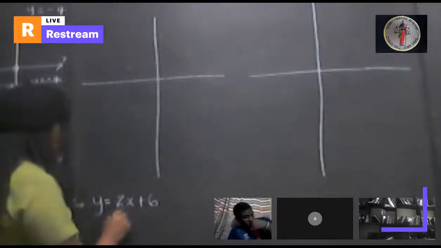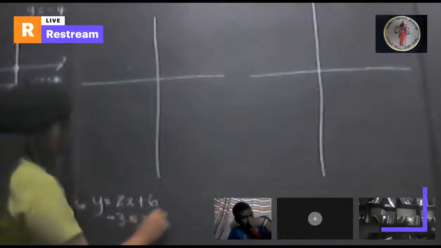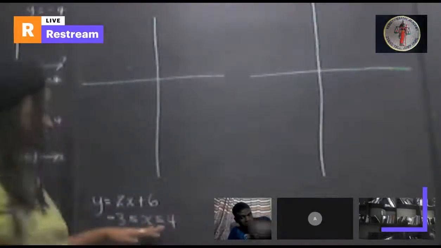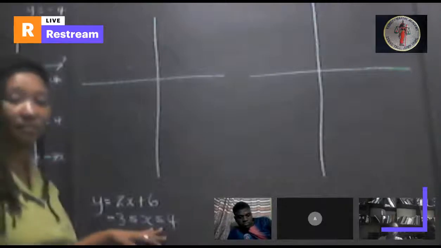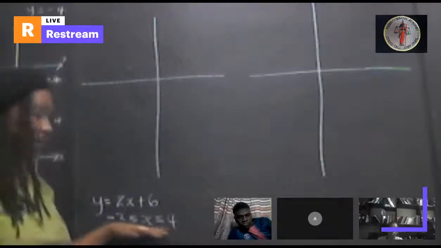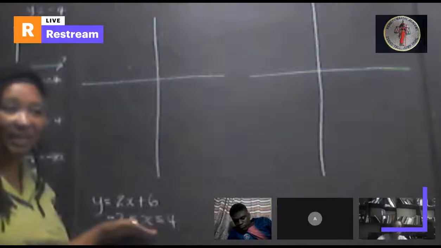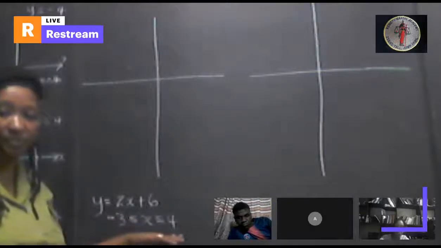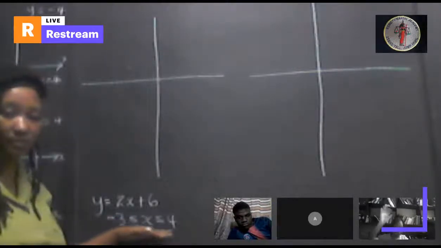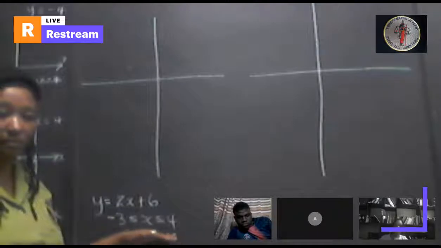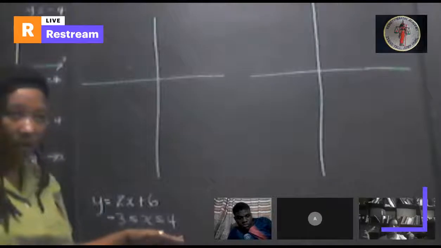And this, what do we call this here? What do we call it and what does it tell us? Miss, it's called the domain, and it tells us what the range of the graph will be. So it's between -3 and 4.